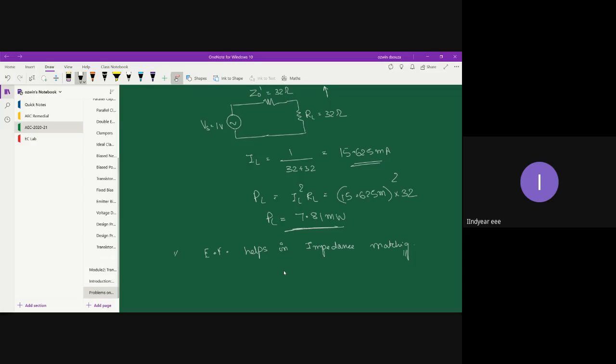You have to use impedance matching because all audio amplifier output impedance will be in the range of several hundreds of ohms to a few kilo ohms. On the other hand, your speaker impedance or your headphone or earphone impedance is always in the range of a few tens of ohms, typically 16 ohm to 32 ohm.